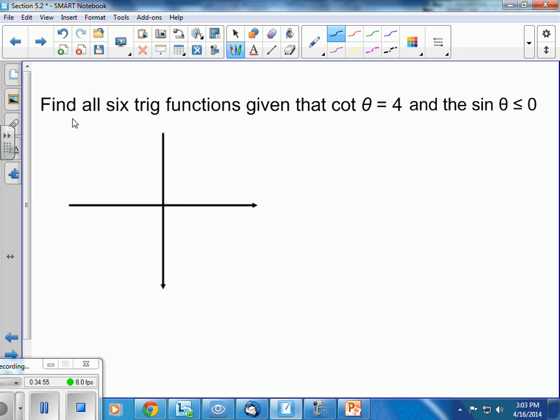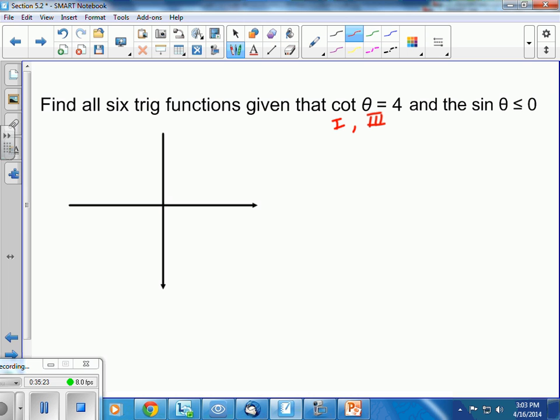Here we have a problem that says find all six trig functions given that the cotangent of theta is 4. Well, first off, I have to think about the cotangent of the angle being 4. The cotangent being 4, being positive, could be in quadrant 1 or it could be in quadrant 3.